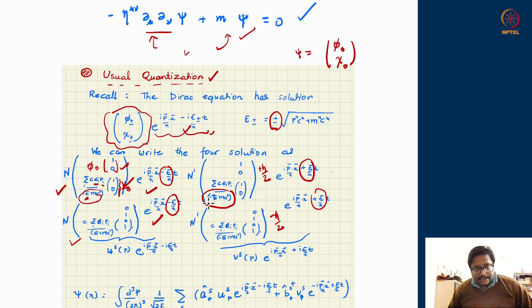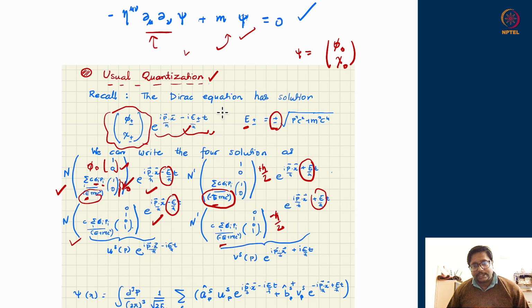E goes to minus E. So in the negative energy solution part, the negative frequency solution part, you will get E plus mc square or minus E plus mc square, depending upon which sector you are talking about, positive frequency or negative frequency. Keep a note that while I'm calling it positive energy, just looking at the symbol E, energy ultimately will get decided by the Hamiltonian.